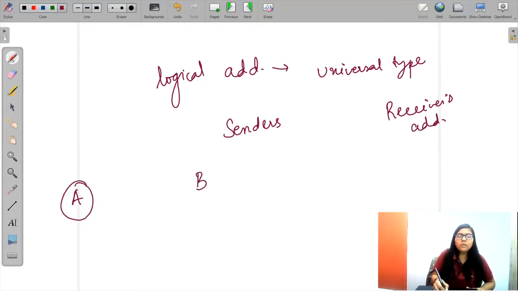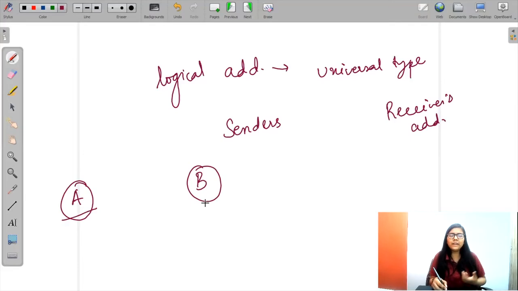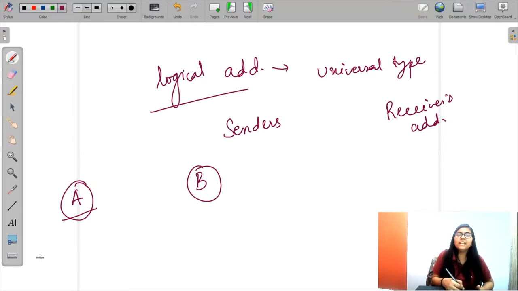So A and B will be having the same address now. Here, with logical addressing, we basically add the IP addresses of A and B, the sender and the receiver.